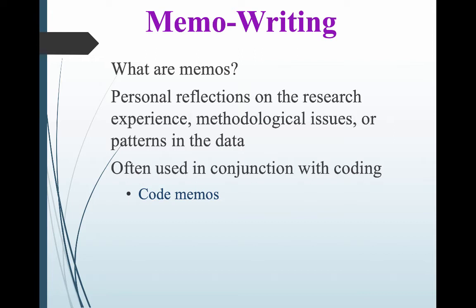Code memos identify the code labels and their meanings, which is important because most of the terms we use in sociological research methods we use with technical meanings, but they also have meanings in everyday language. So it's essential to write down a clear account of what you mean by the codes you're using in your analysis.